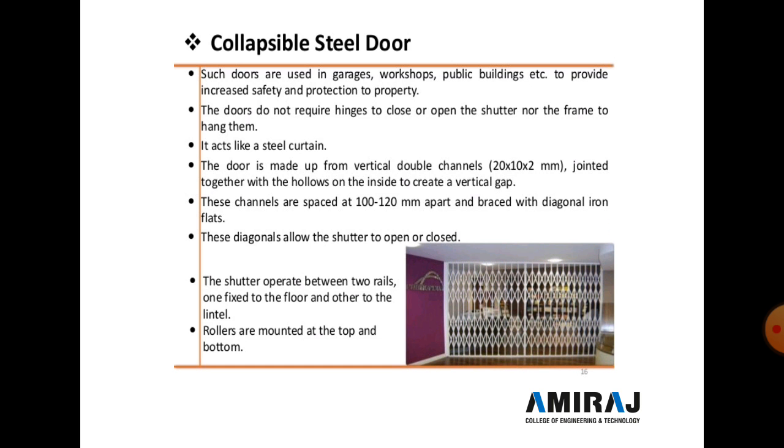The door is made of vertical double channels jointed together with a hollow on the inside to create a vertical gap, and these channels are spaced 100 to 120 mm apart and braced with a diagonal iron flat. This diagonal allows the shutter to open or close, and this shutter operates on two rails. One is fixed to the door and the other is internal, and rollers are mounted at the top and bottom of the steel door.